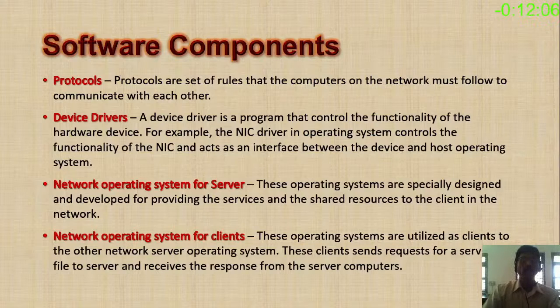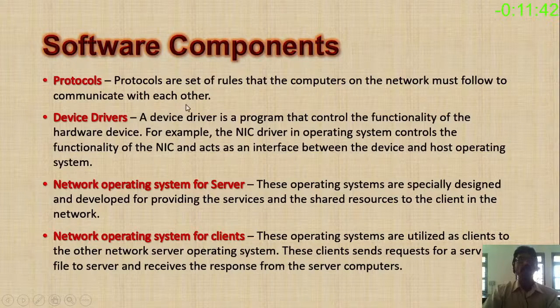Next one is the software components. There are four different types of software components: protocols, device drivers, network operating system for server, and network operating system for clients. I've already explained about protocols.